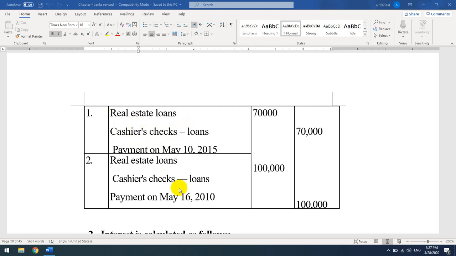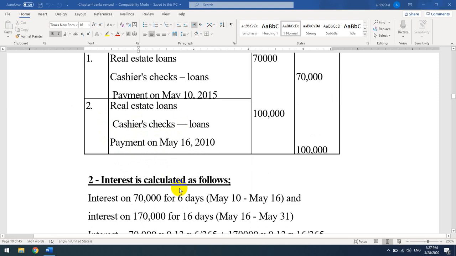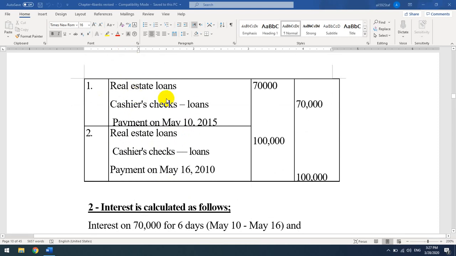The second requirement is how to calculate the interest on this loan for the month of May. The disbursement number 1 was granted on May 10th. The disbursement number 2 was granted on May 16.